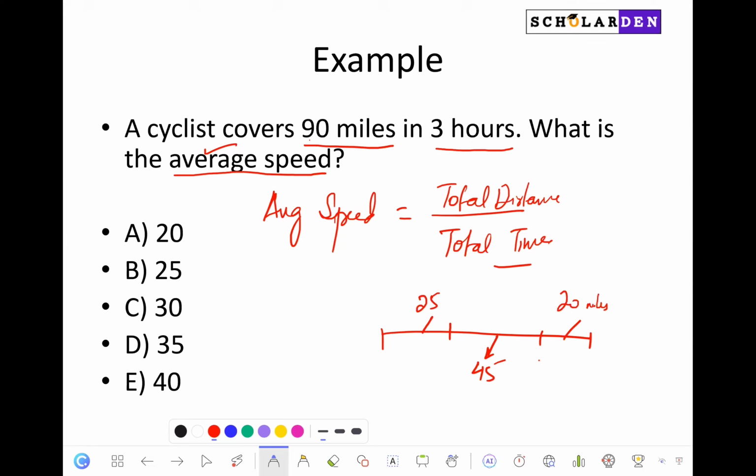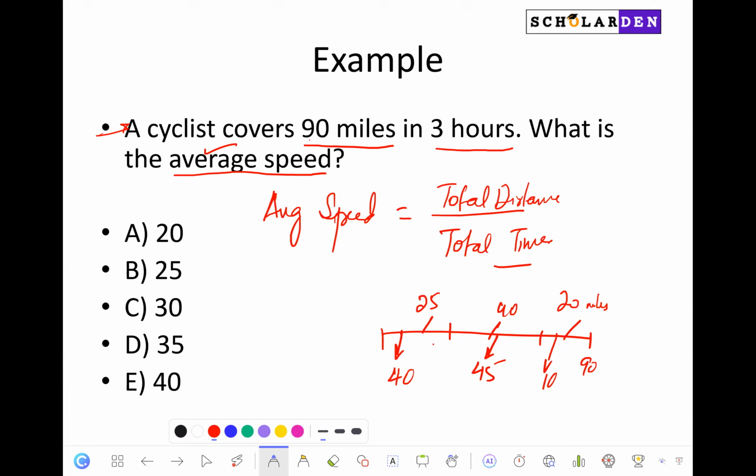That cyclist would still have covered 90 miles in a total of 3 hours. This particular fact is not violated, or you can change it to anything. For example, it could be 40, 40, or 10, and this cyclist still covers 90 miles in 3 hours.